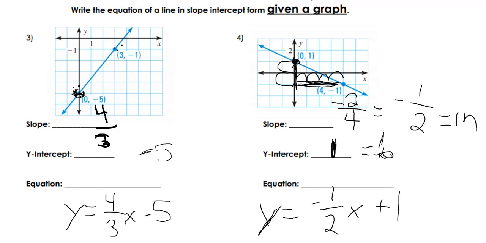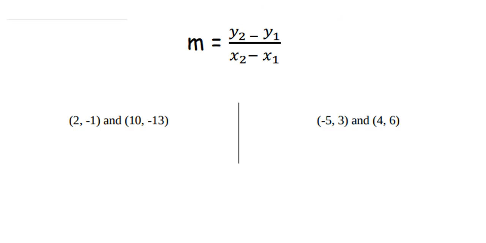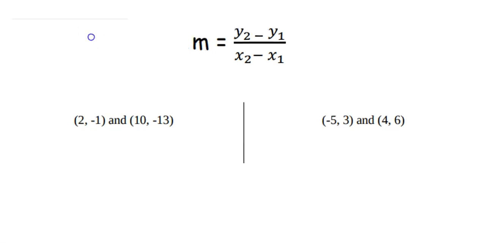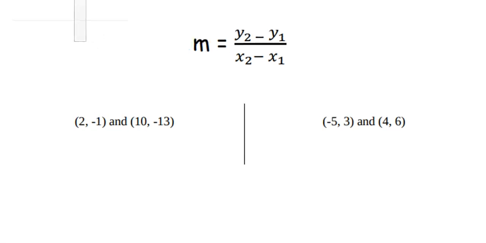Alright, the last thing that we'll be doing, at least for right now, is finding the slope given 2 points. So remember, if I have these 2 points, (2, negative 1), we'll say it looks like that, and (10, negative 13), which looks something like that.